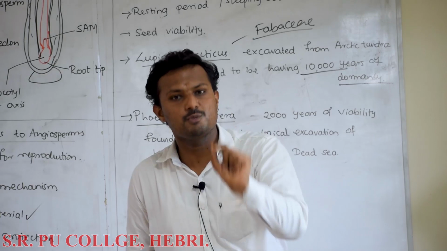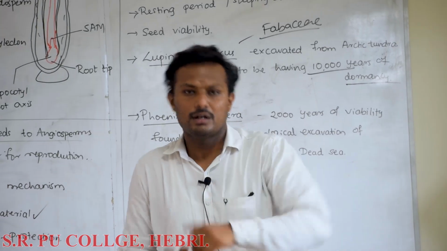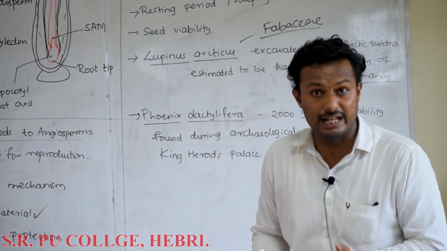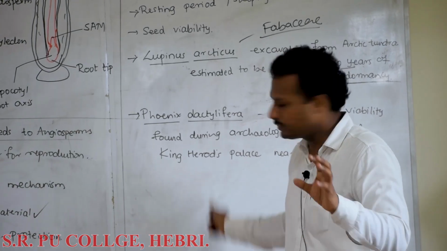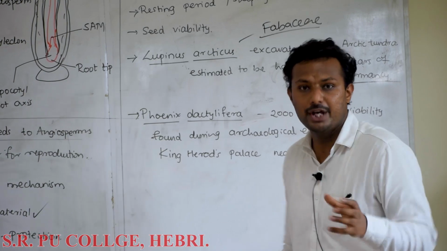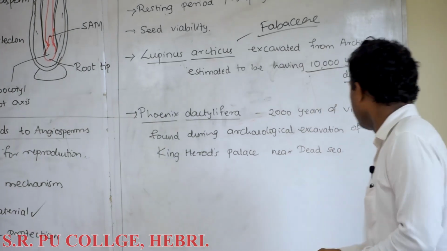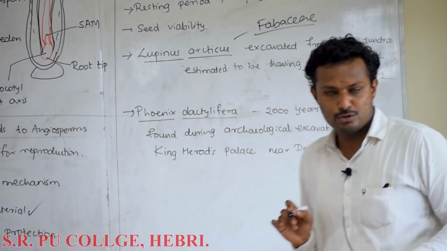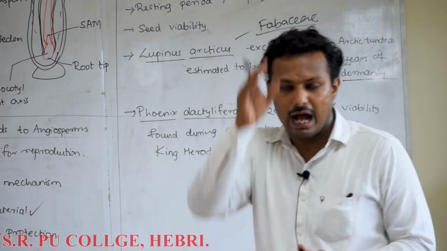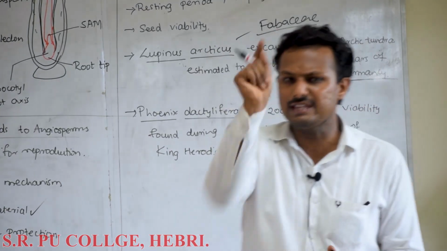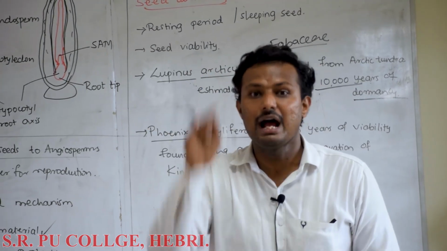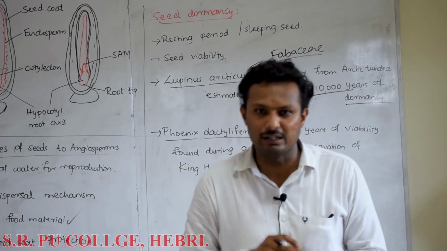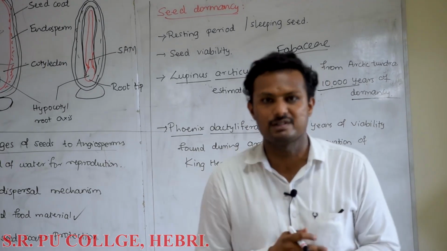This was found during the archaeological or historical excavation of a palace built by King Herod, near the Dead Sea. In that palace, one seed of Phoenix dactylifera was found to be 2000 years old, and it was still viable. It had the capacity to germinate once again.